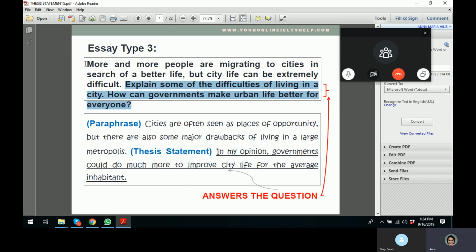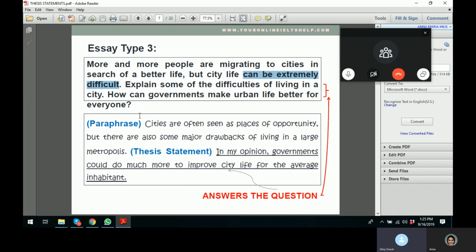So can you read the question task, please? More and more people are migrating to cities in search of a better life, but city life can be extremely difficult.